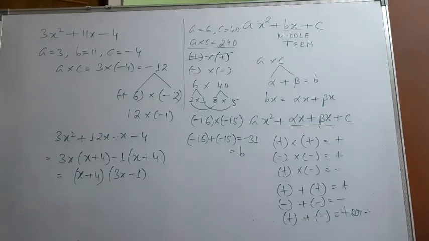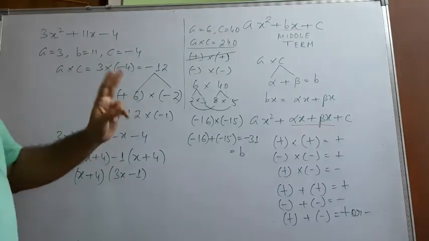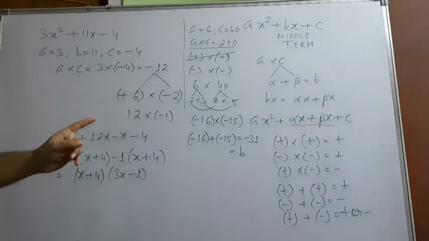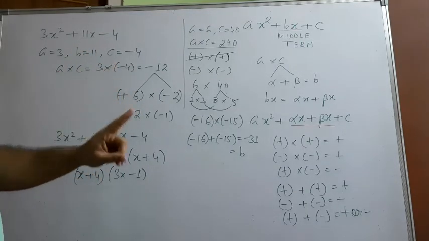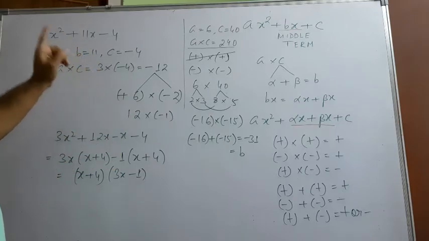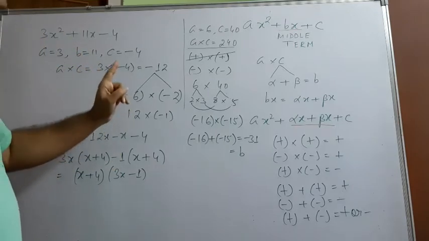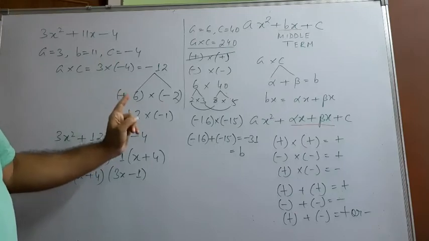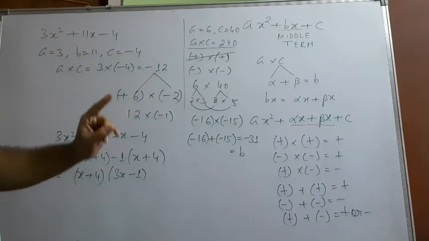So in this example, you see A and C are of opposite sign. So when you multiply them, your answer is a negative number. So you have to factorize this negative number. When you factorize, out of the two factors, one factor will be positive, one factor will be negative. But as here B is a positive number, the bigger factor will be taken as positive and the smaller factor as negative.